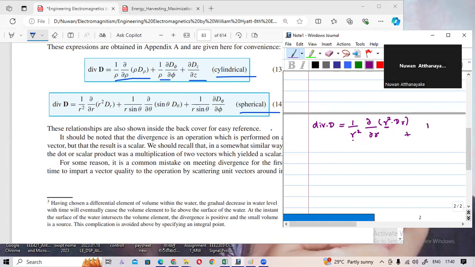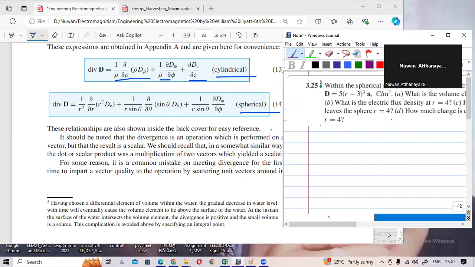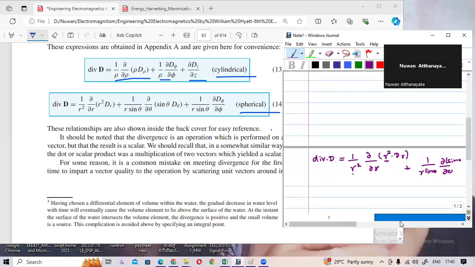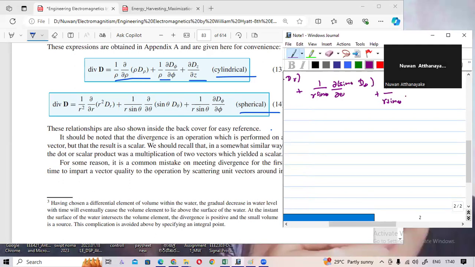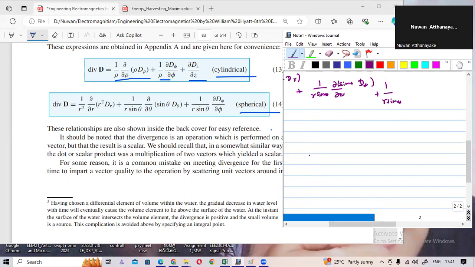Plus 1 over r sine theta, del by del theta of sine theta D_theta, plus again 1 over r sine theta, del D_phi by del phi.